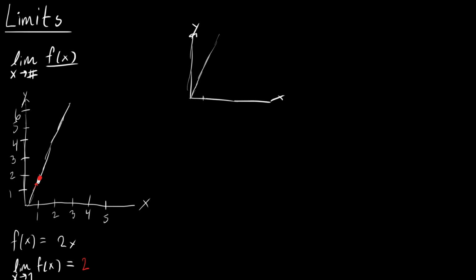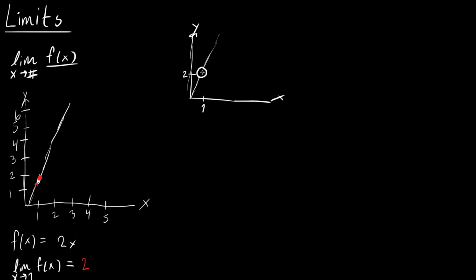We'll just do 1 again, and then 2. Before there was a point here, but now let's say that we erase this point and fill it in with a hole. So with this hole, there is nothing at this point.